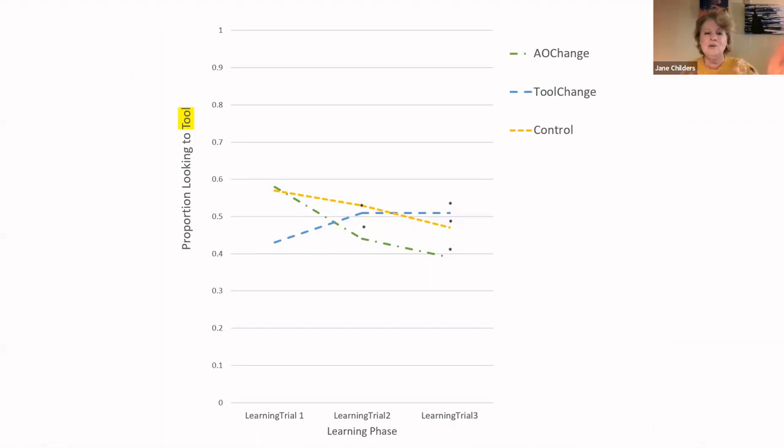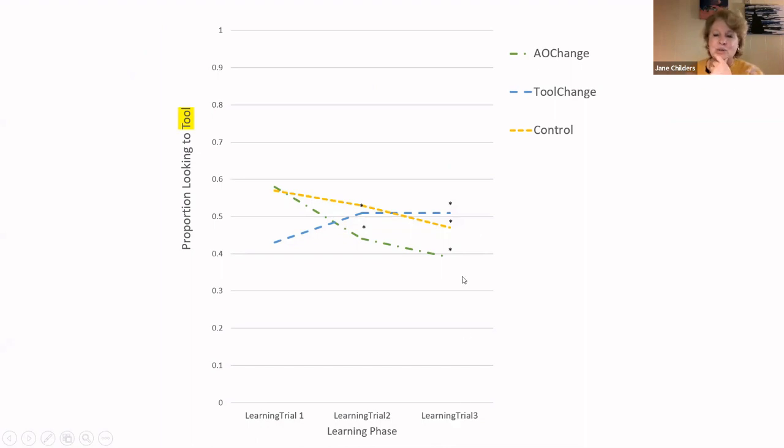I'm plotting tool on the Y because we want to keep that consistent. So we're going to use 1 DV. How much do they look at the tool? And I'm plotting the trials on the X-axis. So how do they do from the first trial to the 3rd?